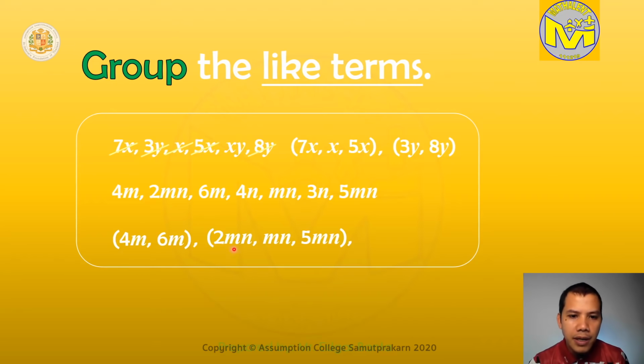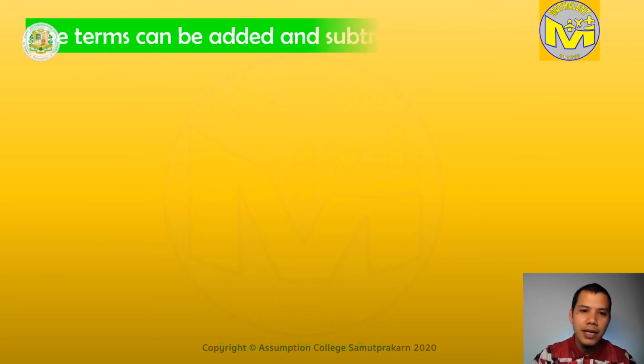Again, MN is always before N. So, the last group is the group of N's. We have 4N and 3N. So, we are now finished with the groupings. Alright. Let's go to the next slide.